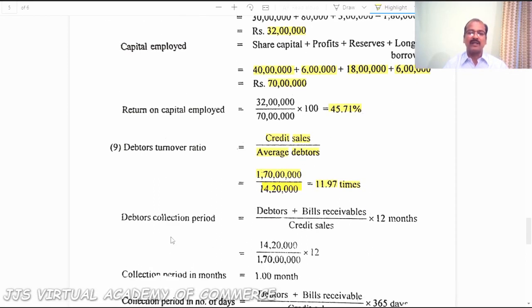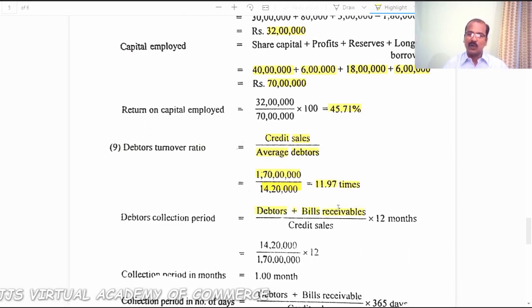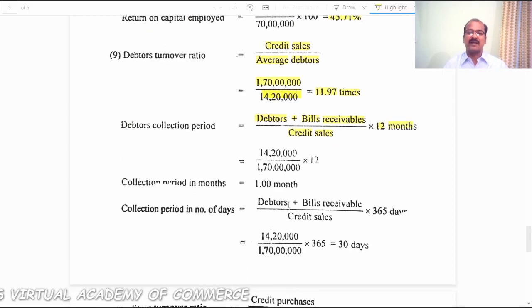How to calculate debtors collection period? Average receivable or closing receivable. In the absence of opening receivable, you can take only closing receivable. As I said, closing receivables is nothing but closing debtor plus closing bills receivable, divided by credit sales into 12, you can directly calculate 1 month as the answer of debtors collection period.